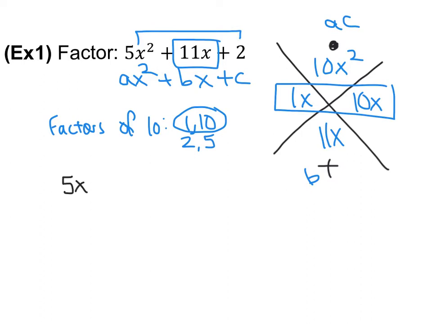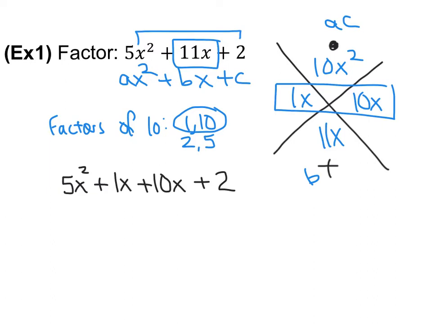We're going to take our first expression, 5x squared, but instead of plus 11x, we're going to replace that with 1x plus 10x. So whatever's in the rectangle gets replaced with the other thing inside the rectangle, and then plus 2. So we've just split the middle term.